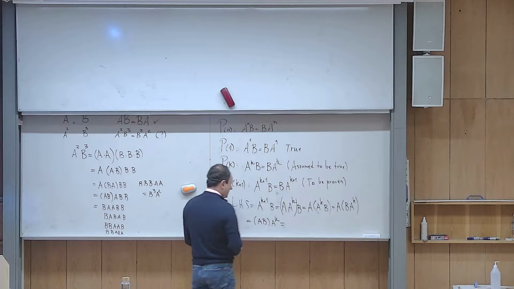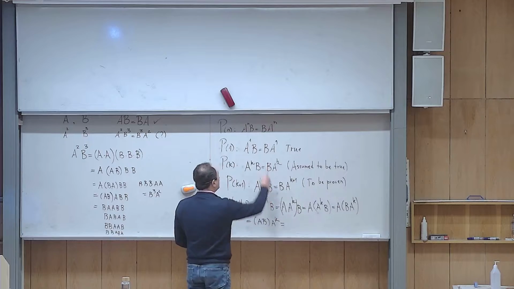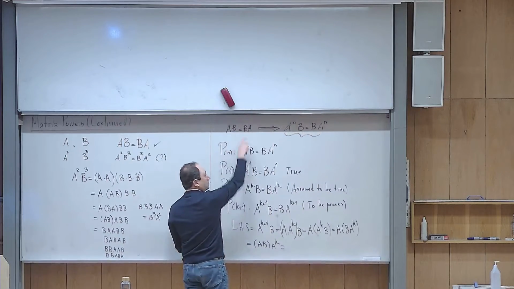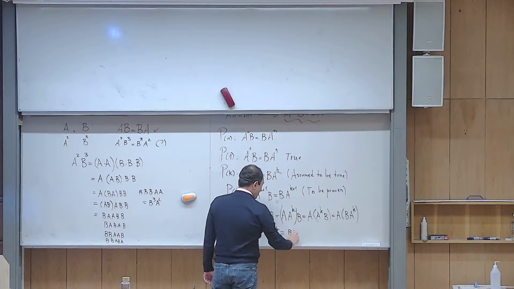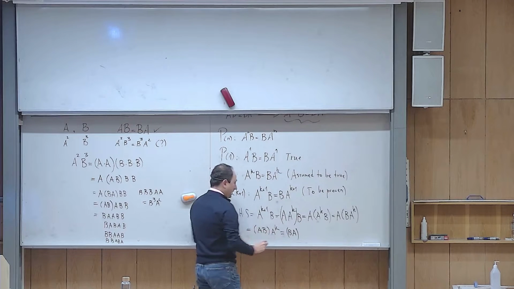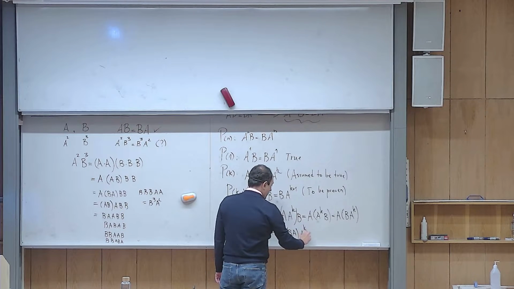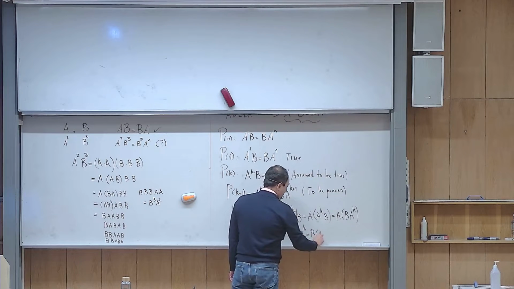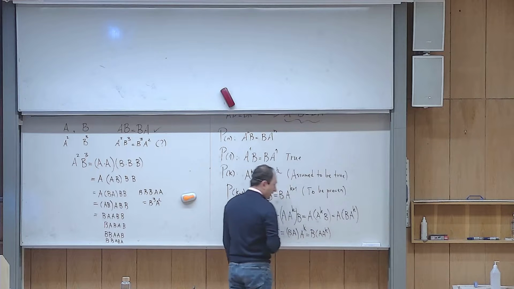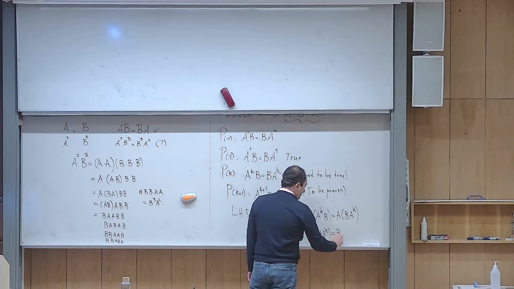And then I can flip these two because that was given in the beginning of the problem. So A and B commute. So I can write BA. And then after that, I have A to the power of K. Again, I have to use associativity. And then this is done.